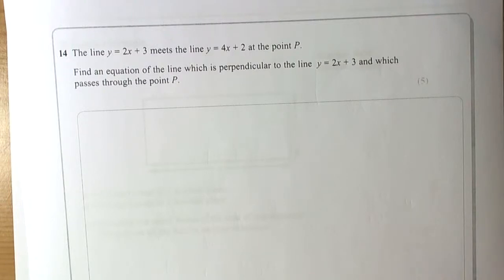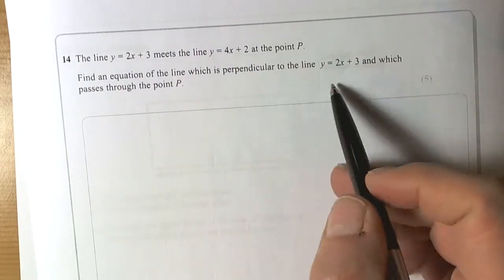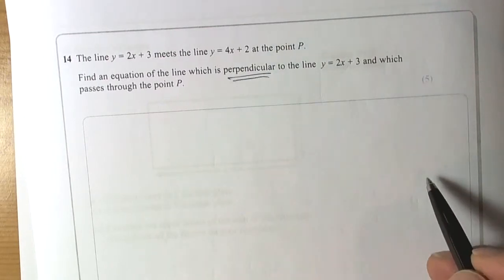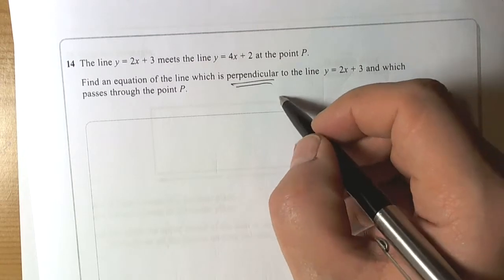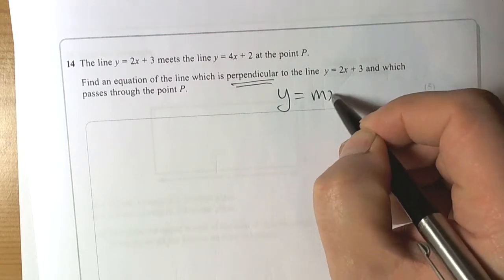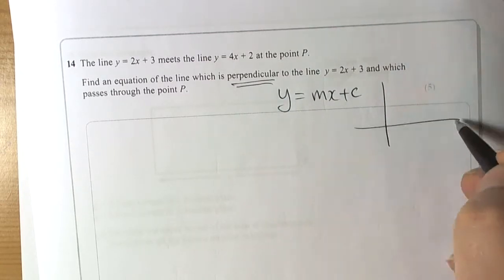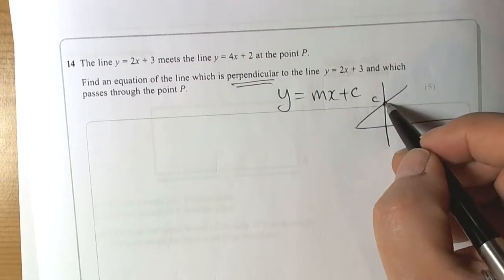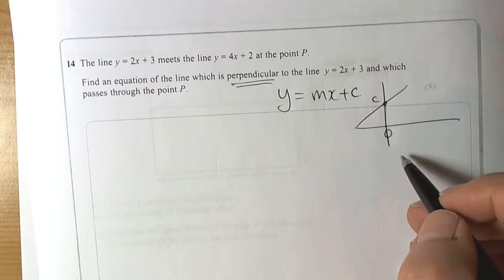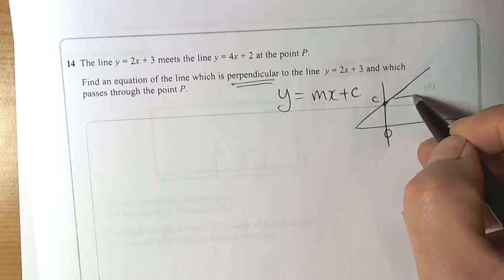So this question is asking us to work with straight lines, and it mentions the word perpendicular. So as soon as we see this is about straight lines and they're mentioning things like perpendicular, we should be thinking of y equals mx plus c. And again, we should have that picture in our mind that c is the value of the coordinate on the y-axis when x is 0, and m is the gradient of the line.